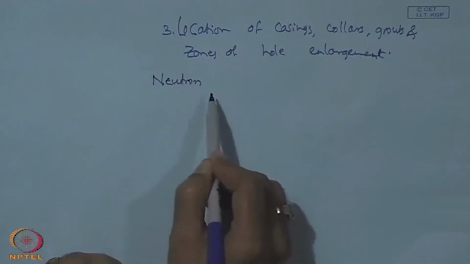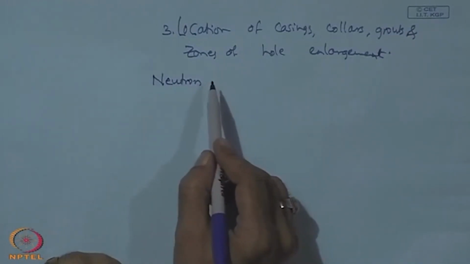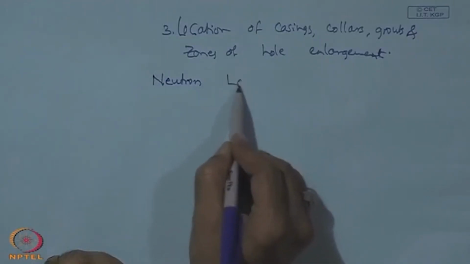So next we will go to the last variety of this radiation logging, that is neutron logging.